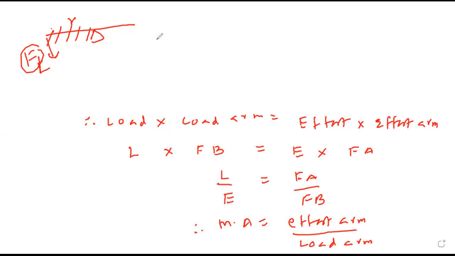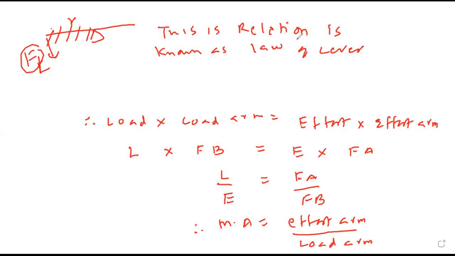So mechanical advantage, load upon effort, is effort arm upon load arm. This relation is known as the law of levers. Write this much, then we will state the law of lever.